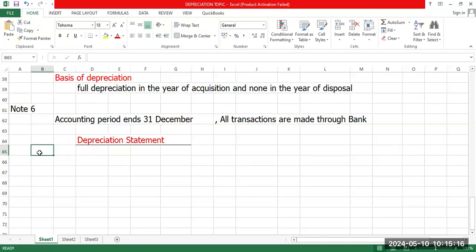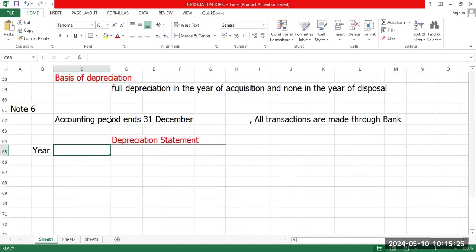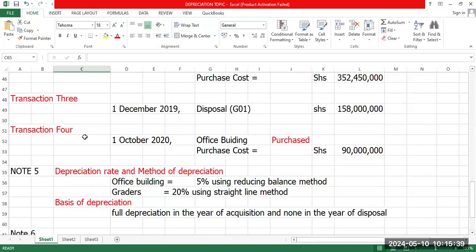You're going to put your period, your year. Those writing, first wait and understand this. You put your year in the first column, then in the second column you list all the assets. You create a column for each asset. In the question, how many assets do we have?